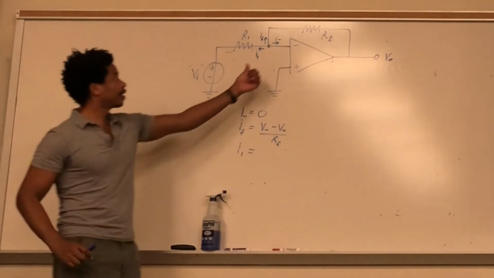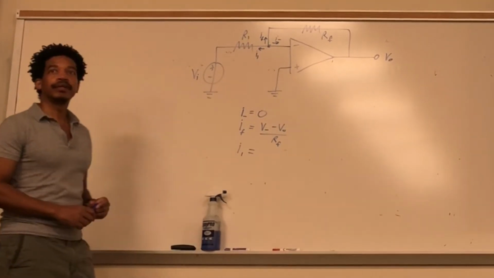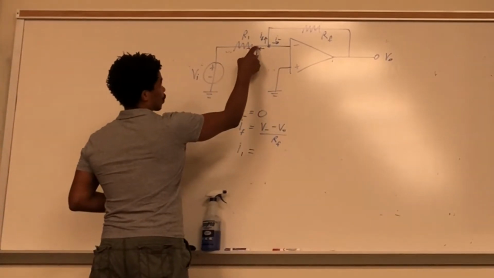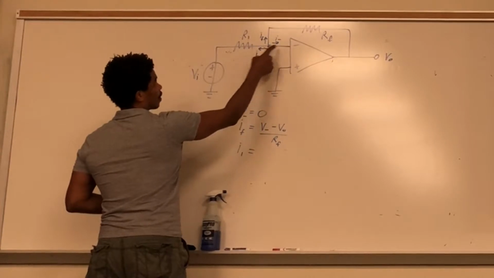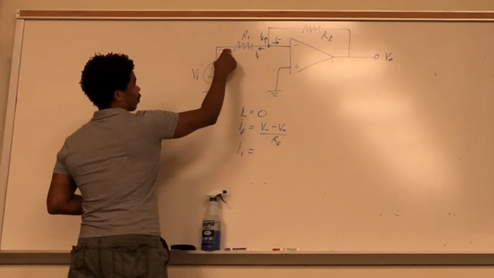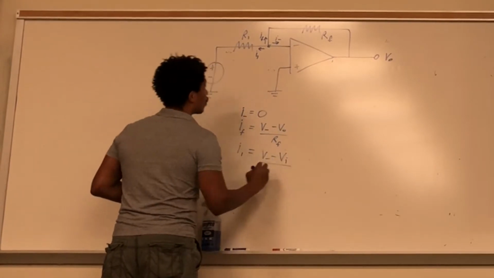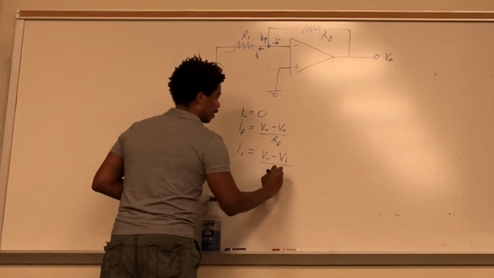This current right here. Yeah, going in on this side is V negative, right here. What's the voltage on that side? Yep, VI over R1. There you go.